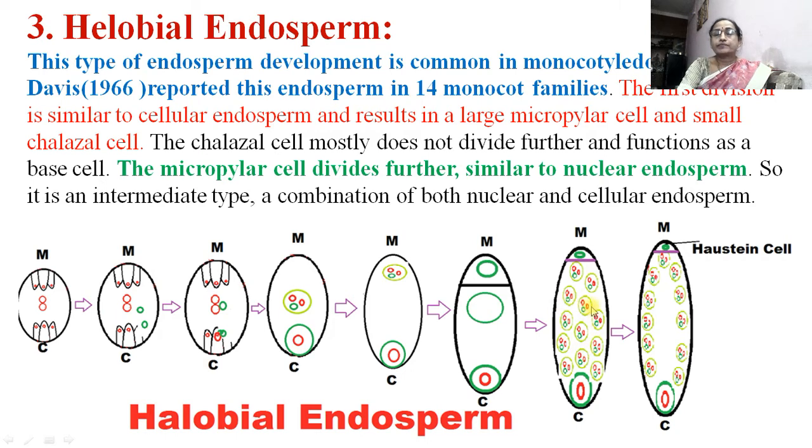In the micropylar cell, the first division is cellular and subsequent divisions are nuclear. In the chalazal cell, which is very small, it remains as it is, but in the micropylar cell, subsequent divisions are nuclear, and therefore this helobial endosperm is the intermediate type, a combination of both nuclear and cellular endosperm.